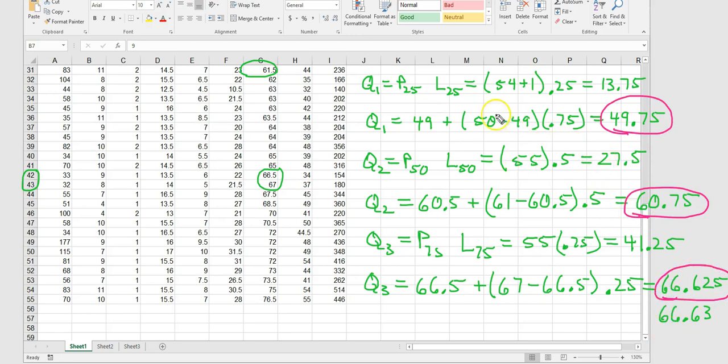Now let me show you how to do these using Excel. We can also use Excel to evaluate these.